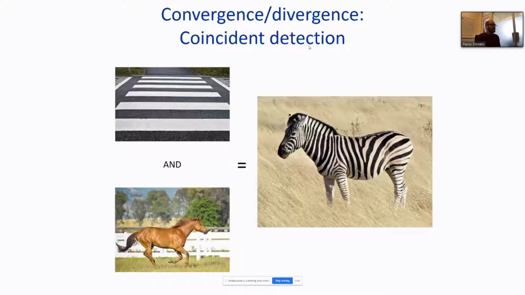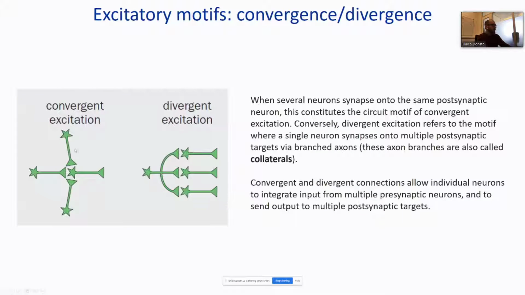Yes, so if I understand your question correctly, if you have, for example, in the motif before, do all three neurons need to be active to activate neuron number one, right? Okay, so it is possible that only these two are sufficient to activate this neuron here. You don't need to have the third neuron active, okay? That's definitely possible. How it differentiates when 1 and 2 are active versus 1 and 3 are active is, and this is for the next lecture, through the phenomenon of potentiation of synapses.